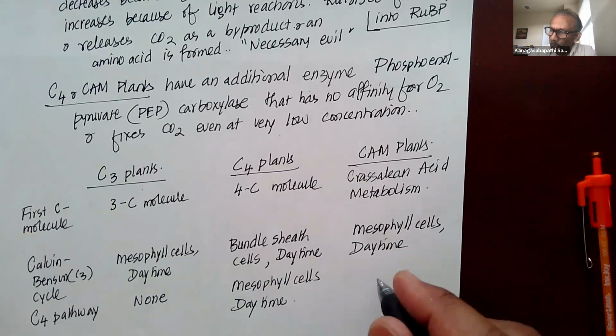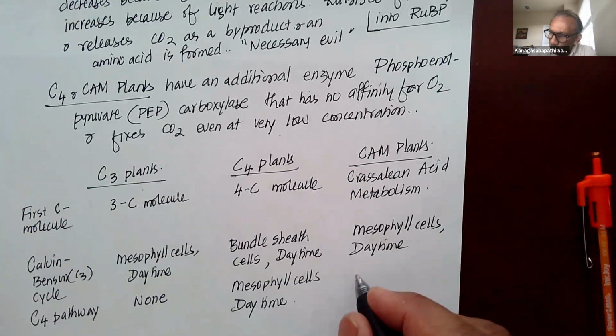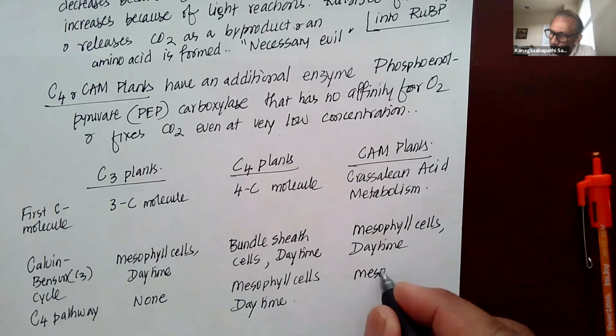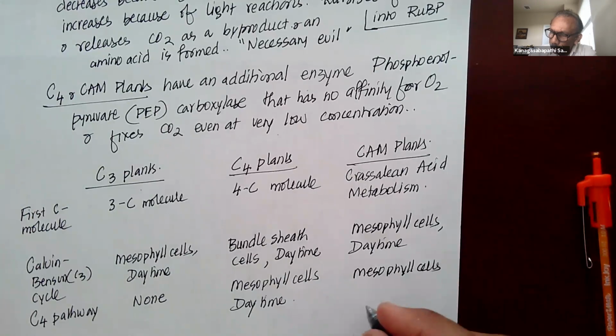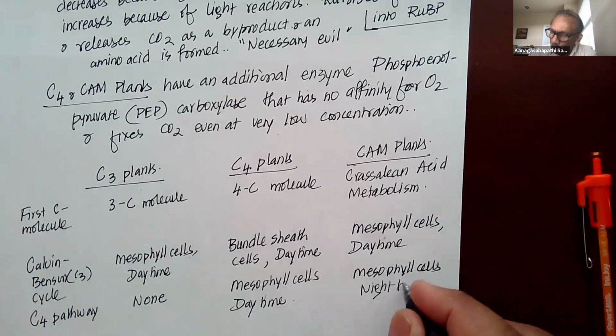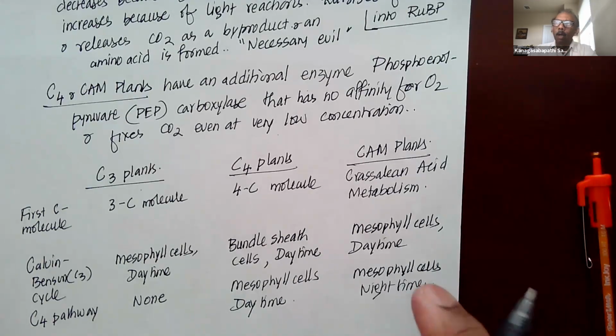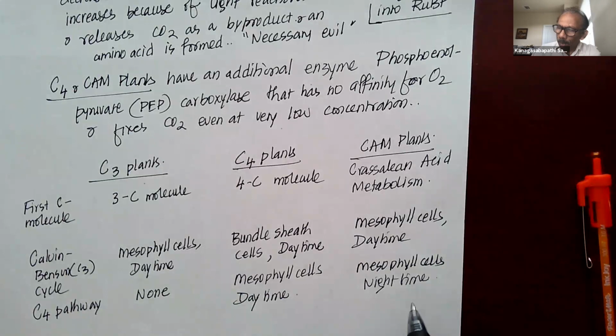And in the CAM plants, it occurs also in the mesophyll cells, in the nighttime, because these plants are desert plants where they live in a hot during the day and cold during the night environment. So they open up at that time.